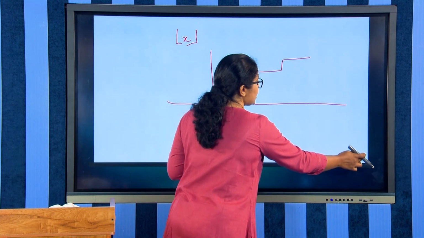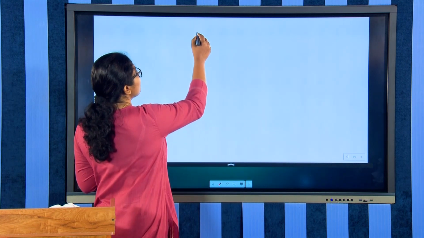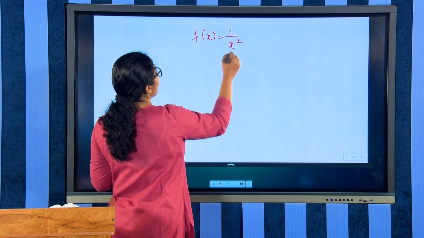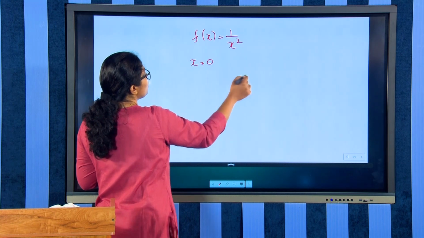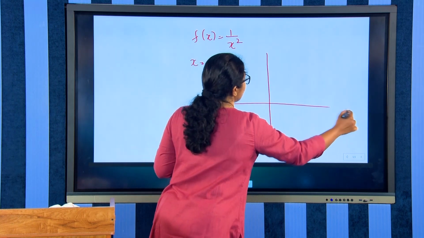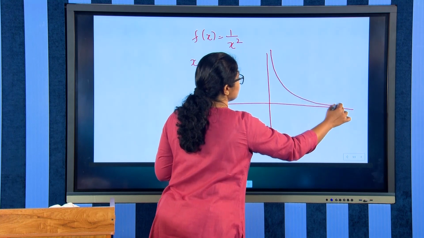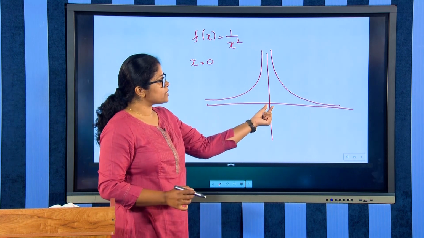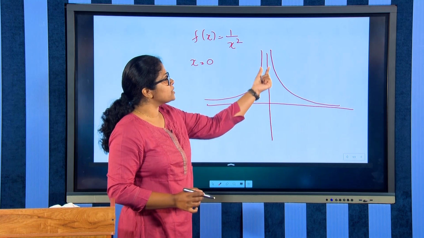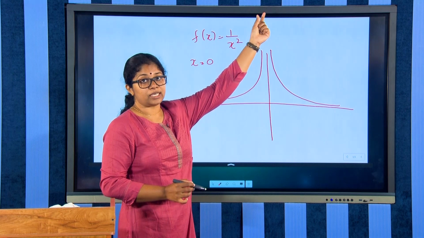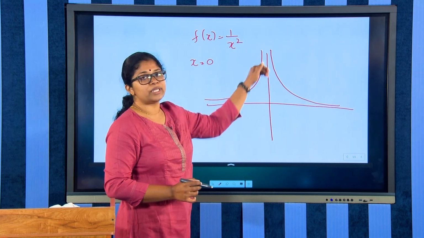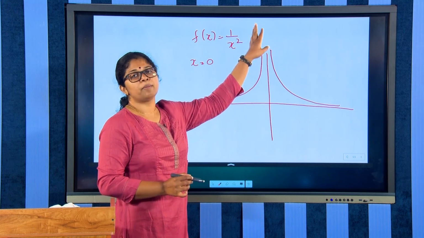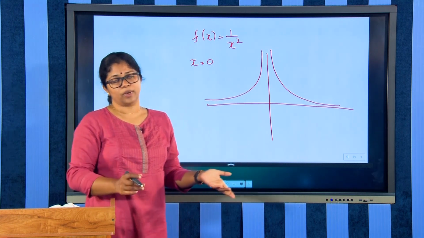Infinite discontinuity is something like, suppose you have f of x is equal to 1 by x square, for this function, at x is equal to 0, the graph will be something like this. So, we can see that at x is equal to 0, the function is taking the value infinity, and here there is no continuity at that point, because the left hand limit and right hand limit are both infinity, but the function is not defined at x is equal to 0.